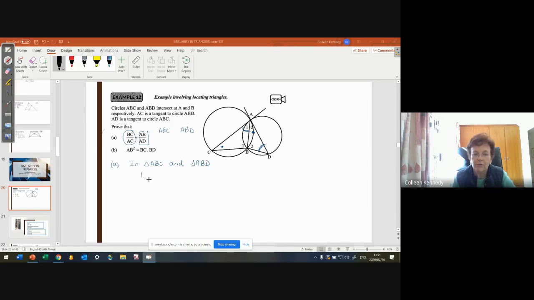When you're just mentioning where you're working, it doesn't matter about the order. So let's go through the three things. Remember, ABC is mentioned first. So we have A1 equals D, and we saw that: tan chord theorem.